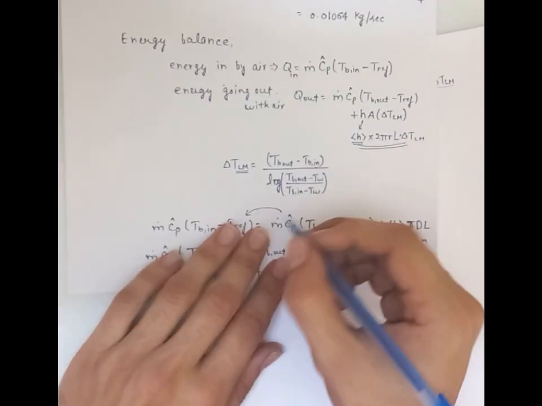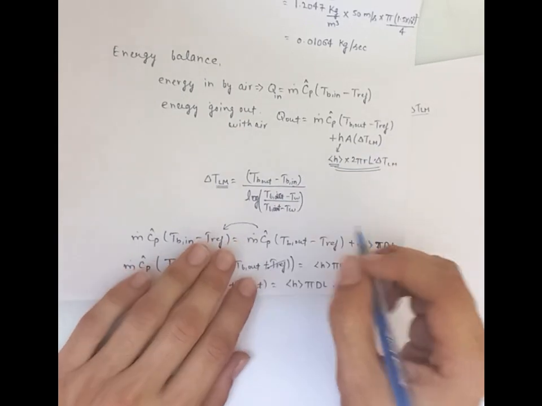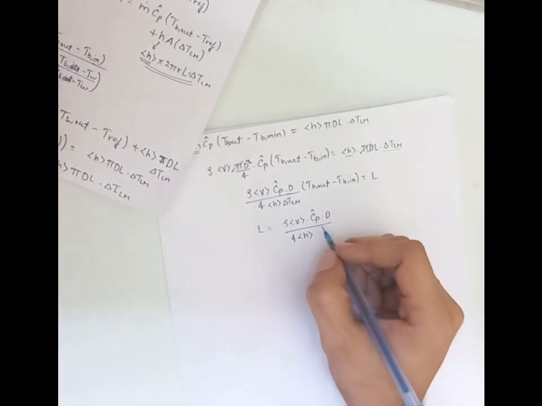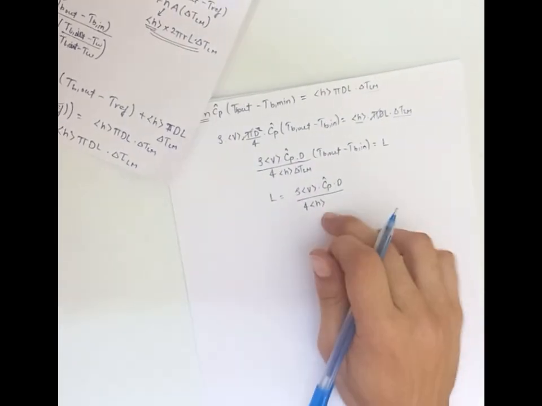So we already know this term is like that, and there is one mistake, that this is T input and this is T output. The terms will remain the same, and now we're going to put delta TLM, that is the logarithmic mean temperature difference, here.